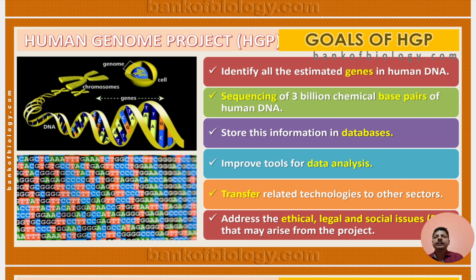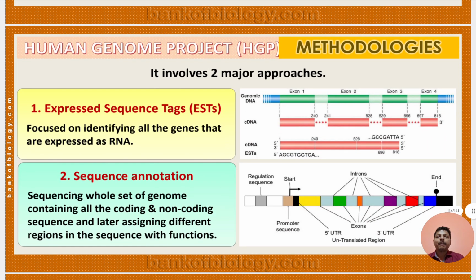Here you can see the genome, chromosomes are DNA, and genes are formed. Then methodologies. It involves two major approaches. First of all, expressed sequence tag, EST, which focuses on identifying all the genes that are expressed as RNA.